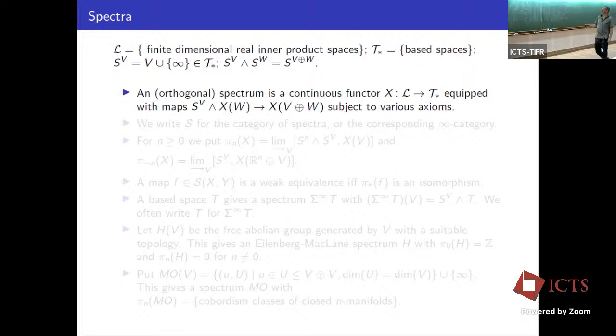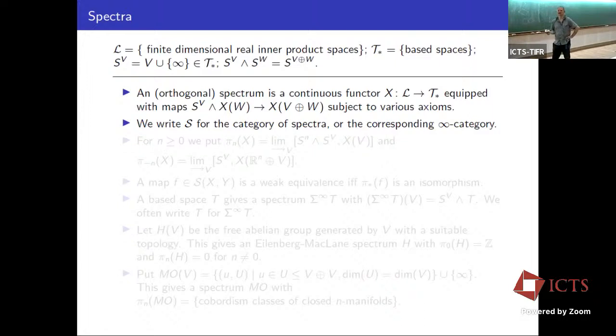There's an obvious compatibility if you try to do this suspension twice, for example. And so curly S is going to be our category of spectra. You might call these orthogonal spectra, but I'm just going to call them spectra. They form a topological category, and you convert that to an infinity category in the usual way.